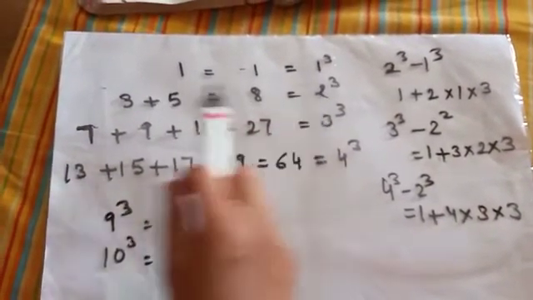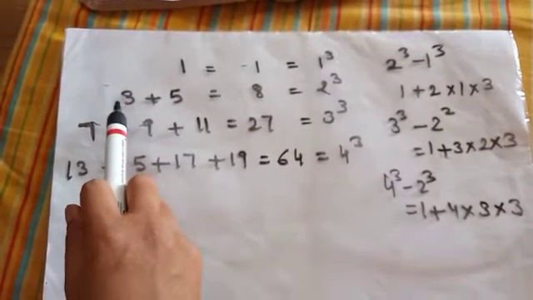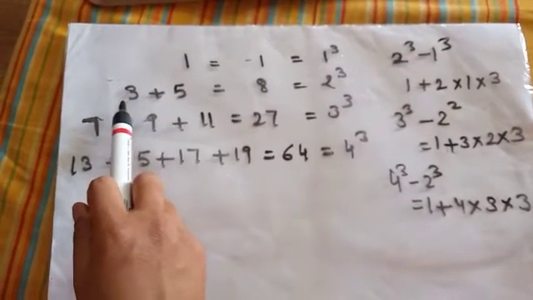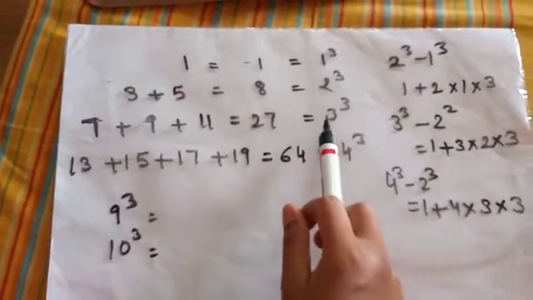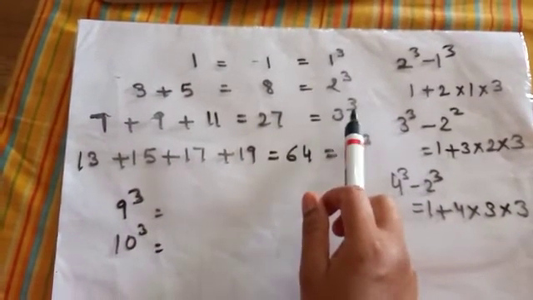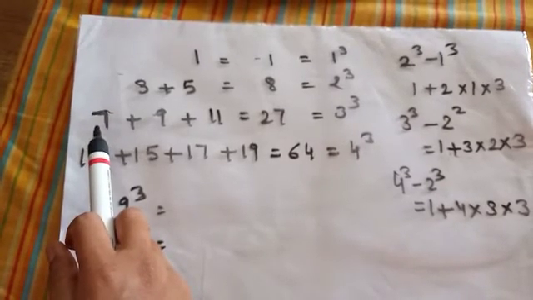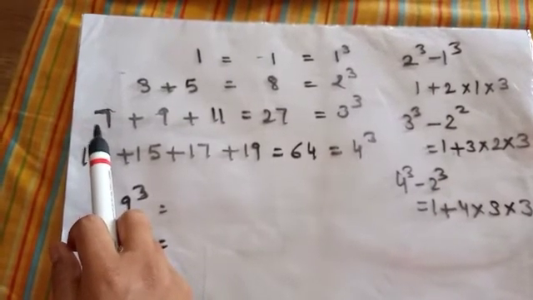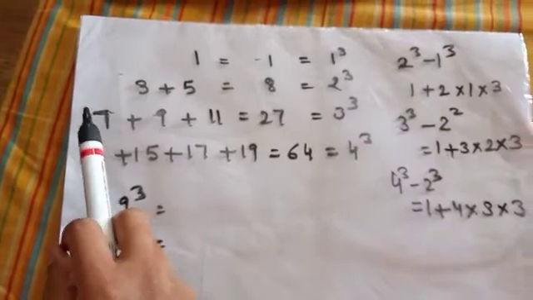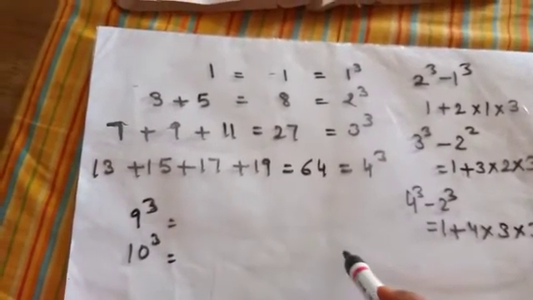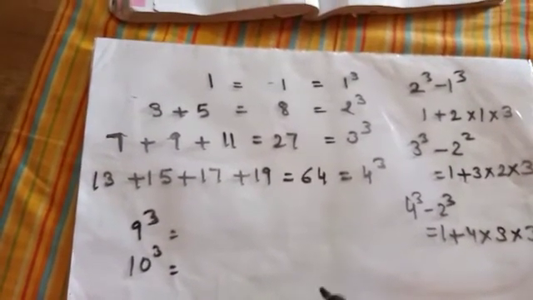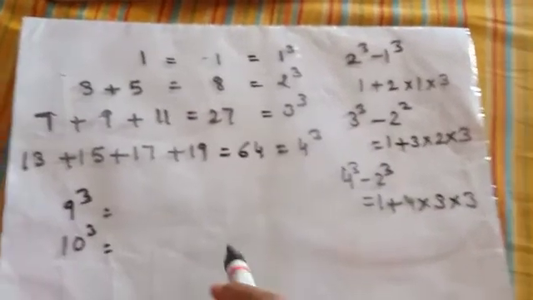When I am writing 2 cube, I am starting with the second odd number, which is 3 plus 5. When I am starting for 3 cube, then which odd number am I starting with? This is 7. So how will I come to know when I should start? This is something very important that you have to observe, and then we have to write down the answer.